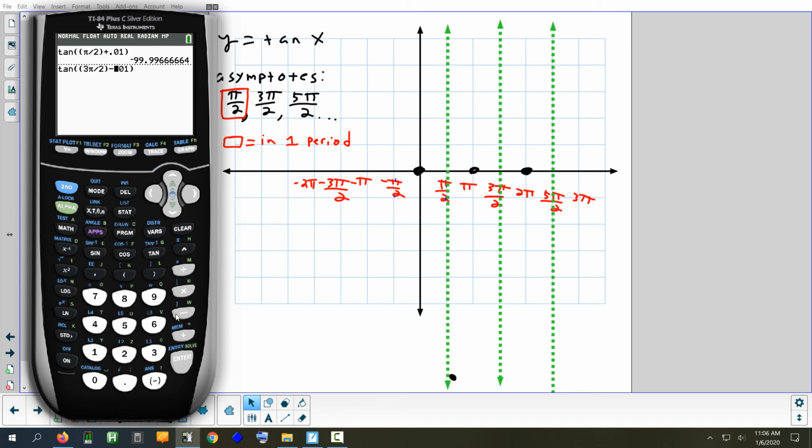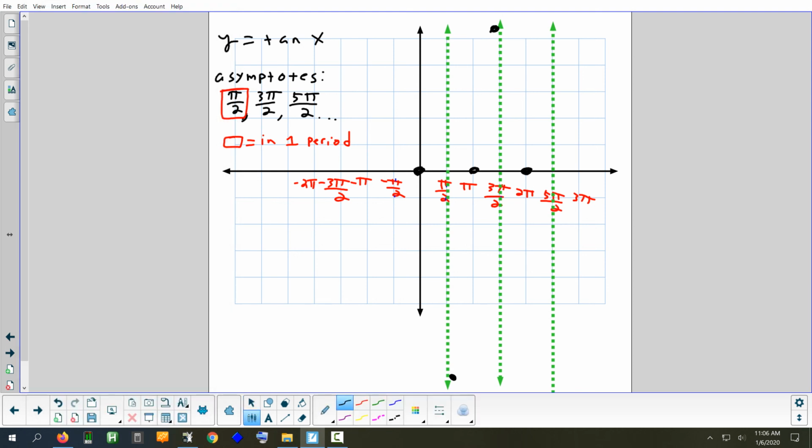So I'm going to go just before. If I check a value just before 3 pi over 2, I get 100. So I'm way up here. So what the graph of tangent is basically going to look like is this. It's going to stay near there, it's going to curve, and it's going to go like that.